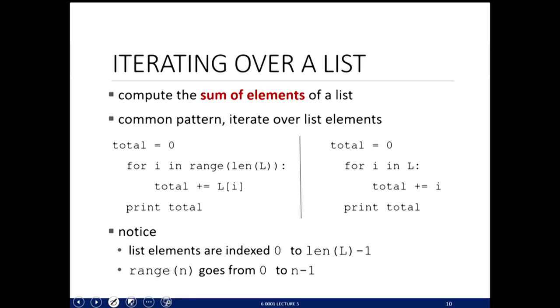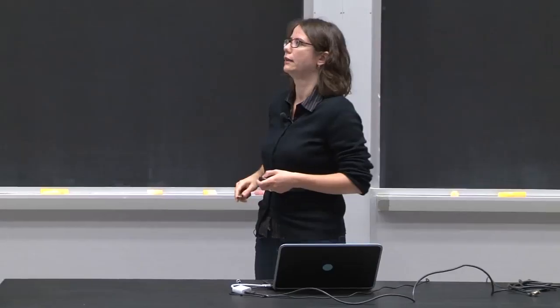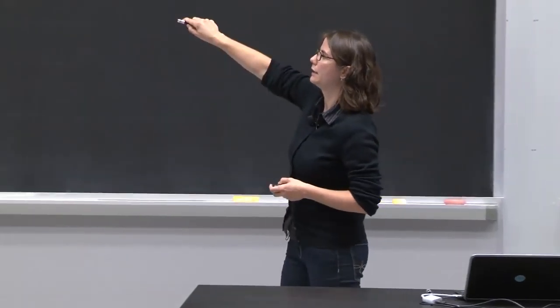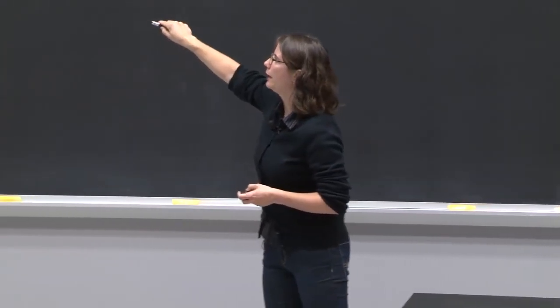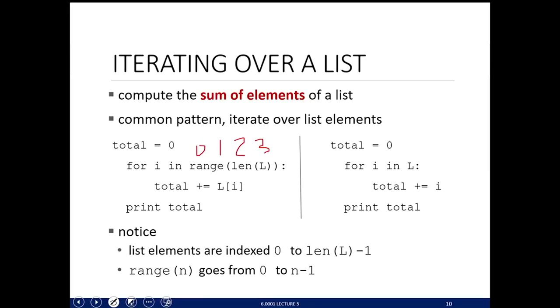They do the exact same thing, except on the left, you're going through 0, 1, 2, 3, and so on, and then you're indexing into each one of these numbers to get the element value. Whereas on the right, this loop variable I is going to have the element value itself. So this code on the right is a lot cleaner.